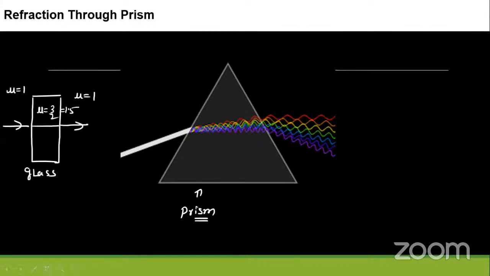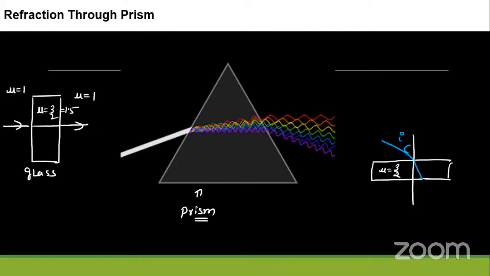Suppose I turn this slab in a horizontal direction, and inside it has refractive index 3/2. This is a normal here. If the ray is passing like this, this is the incidence angle. You know that when the ray passes from a rarer medium to a denser medium, it turns towards the normal.